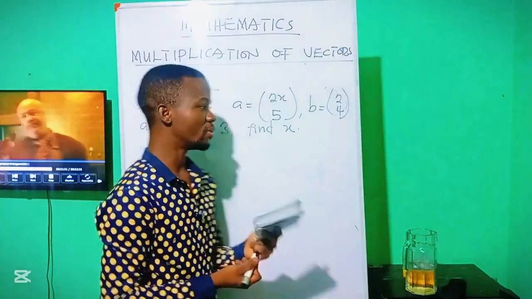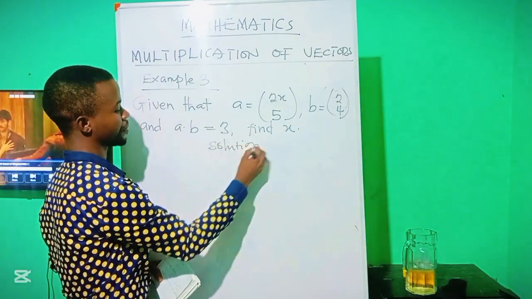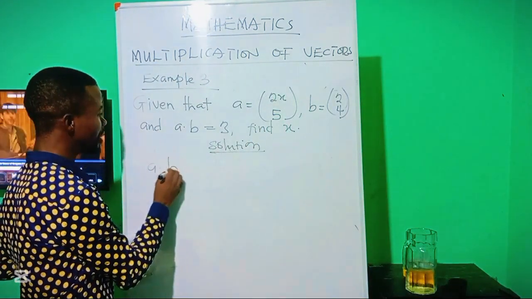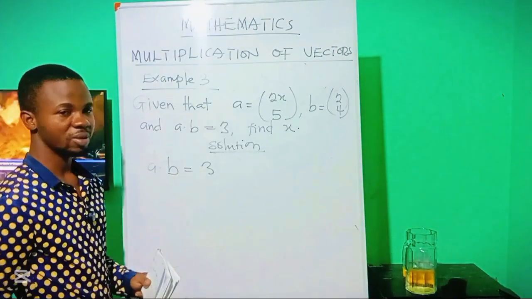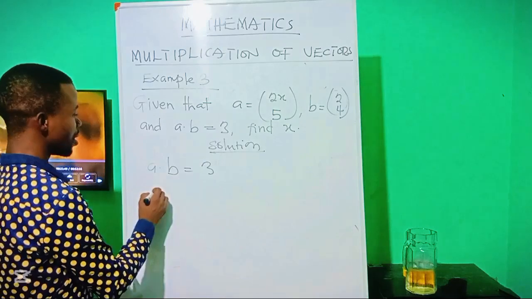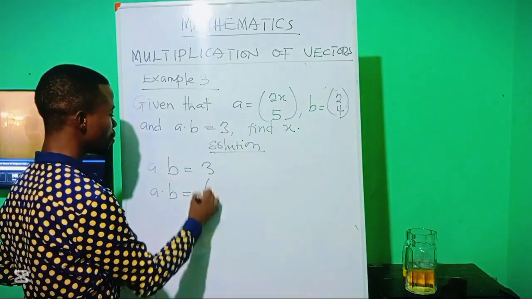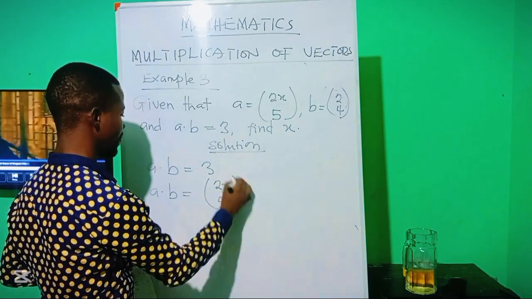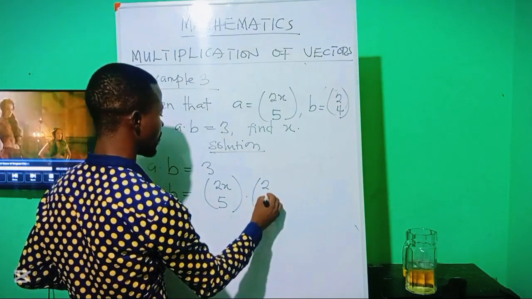So what do we do? Our solution. Given that a dot b is equal to 3. So how do we find a dot b, or a by b? Our a dot b is equal to our (2x, 5) multiplying our b, which is (2, 4).